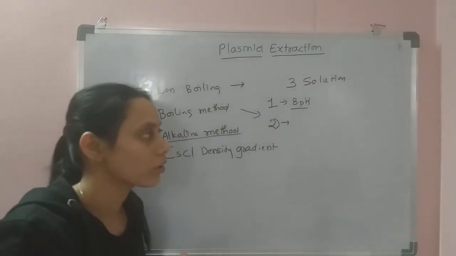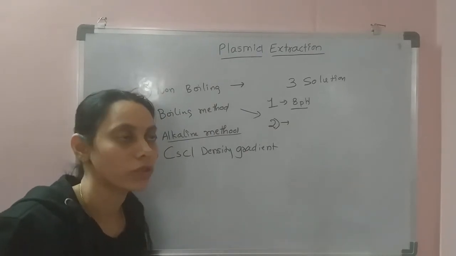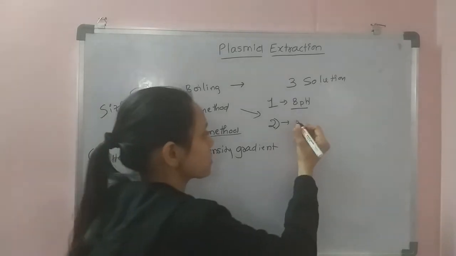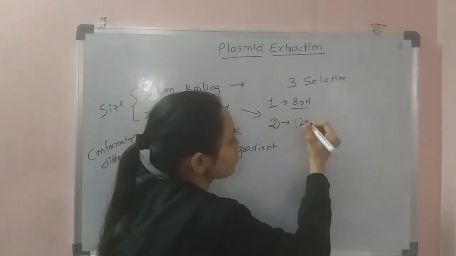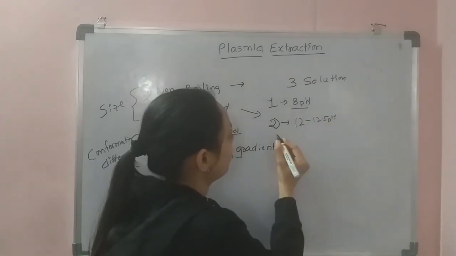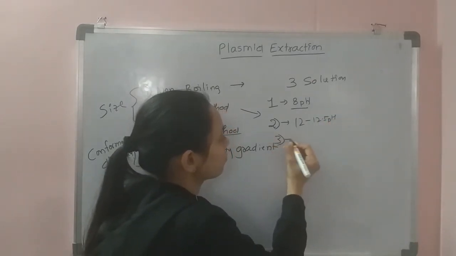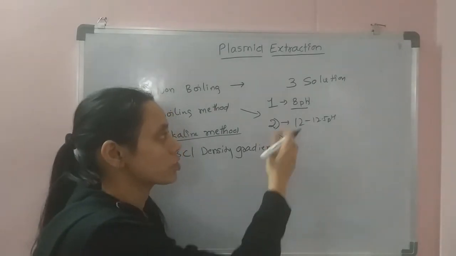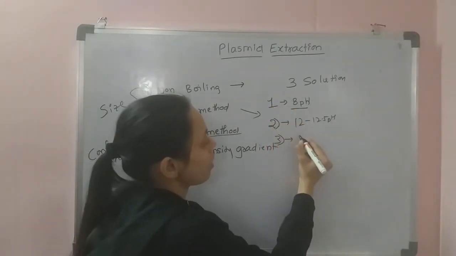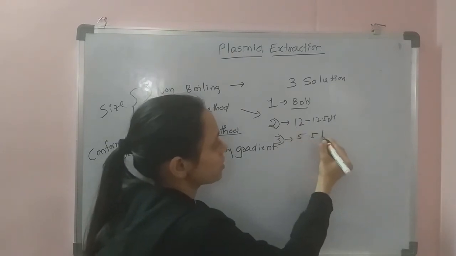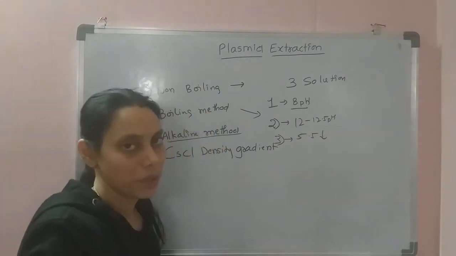That means here we are going to give an alkaline treatment so that the increase in pH will be drastic. The solution will reach a pH of 12 to 12.5. Once after reaction with solution 2 we are going to add solution 3, which has a pH around 5.5. That means there is a decrease in the pH.